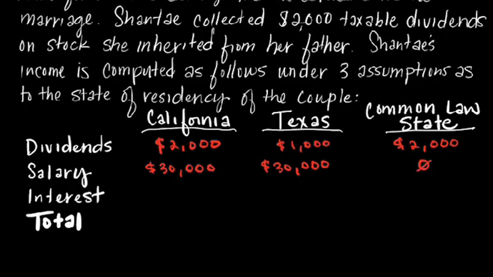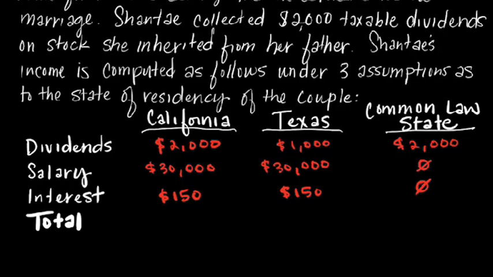The interest would be treated the same as the salary for both California and Texas, as the interest was created from community property income. In a common law state, however, she would not be attributed any of the $300 of interest that Matt made from the investment in the savings account.